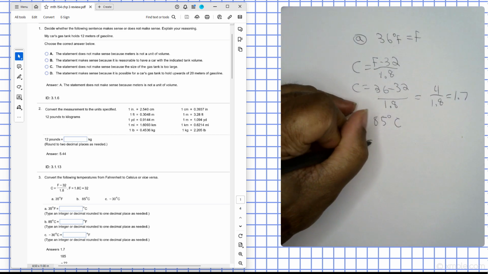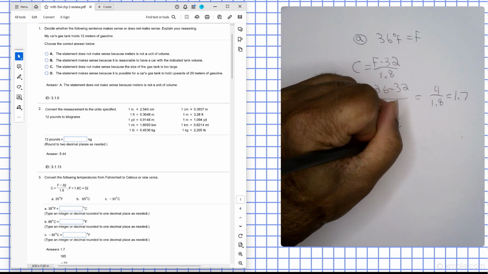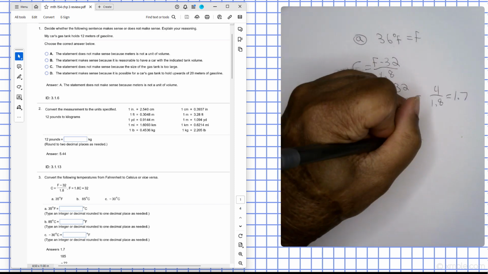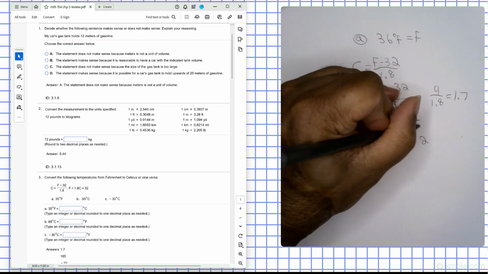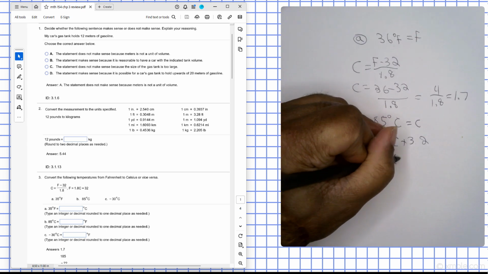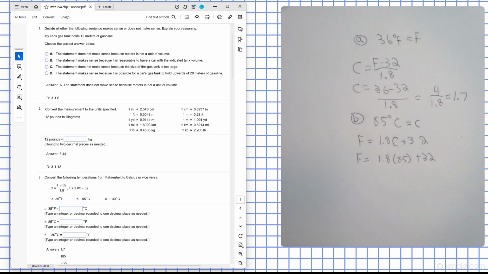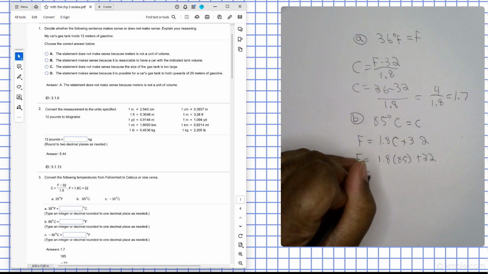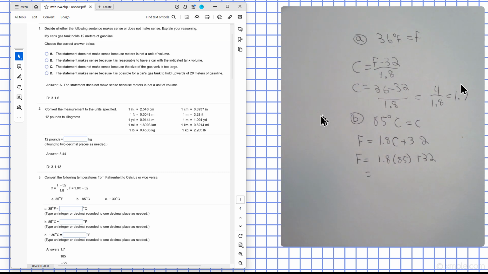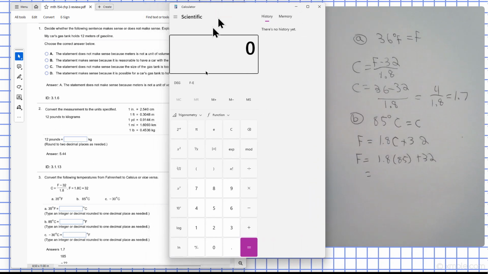F is our output, and F is equal to 1.8 C plus 32. So this would be our C, and you can plug in here: 1.8 times 85 plus 32. Then we can simplify it following the order of operations.